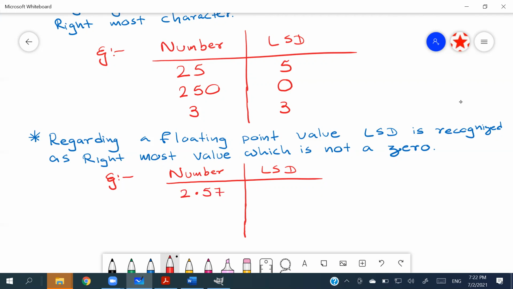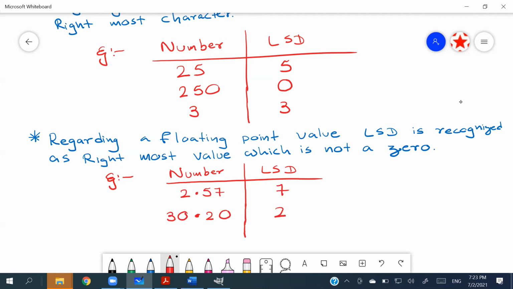Right? So the rightmost value which is not a zero. So in here we don't have any zeros at the very right. It's 7, so LSD is going to be 7. If we take something like this, 30.20, if the value is given like this, LSD is going to be 2, right?